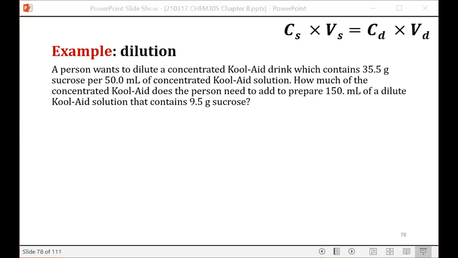So if you can imagine, a person made a pitcher of Kool-Aid that's incredibly concentrated, right? Super, super sugary.